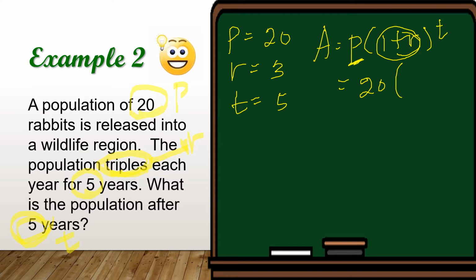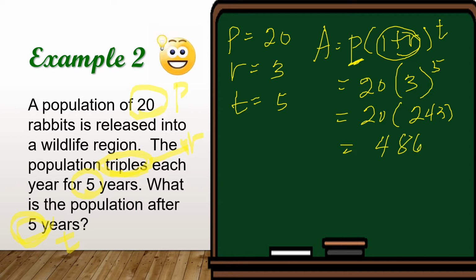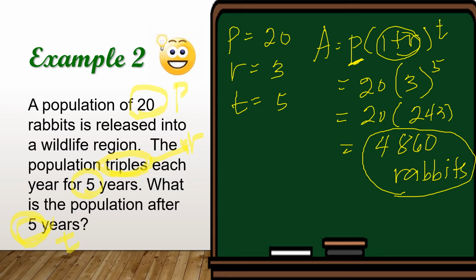So instead of 1 plus R, let us replace it with 3. This is our ratio here, and raised to time, which is 5. So this will be 20 times 3 to the 5th, which is 243. And then multiply by 20, it's 4,860. 4,860 rabbits after 5 years. So this is our answer for this problem.